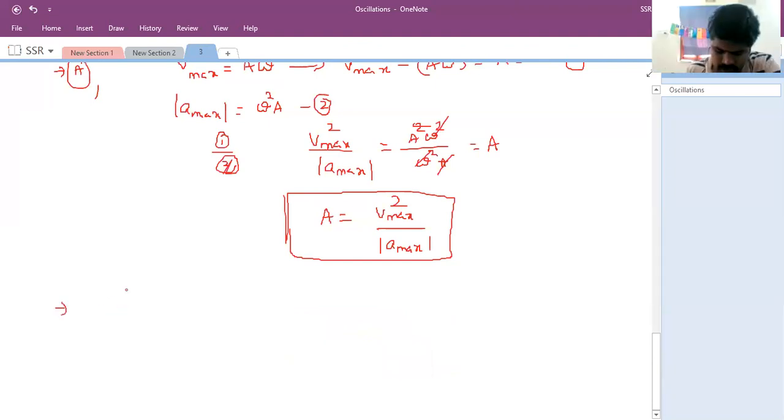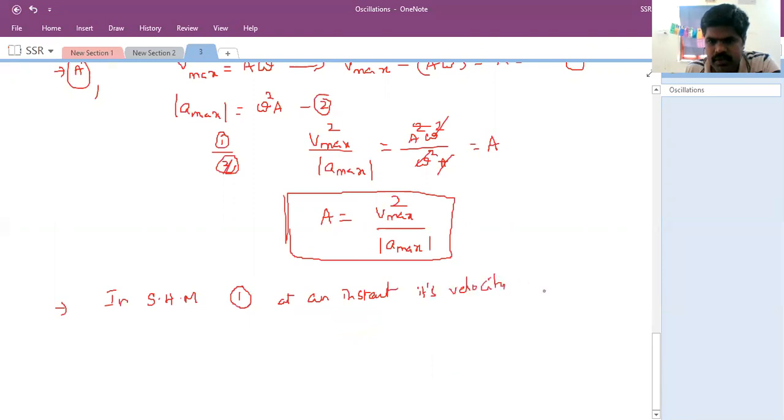Next, one more application, if it's a problem situation. Suppose in a SHM, in a simple harmonic motion, let us say a particle is moving. At an instant, its velocity is v1 and displacement y1.